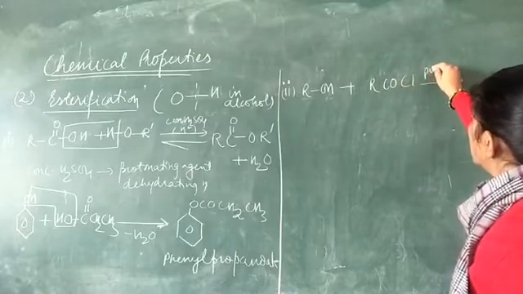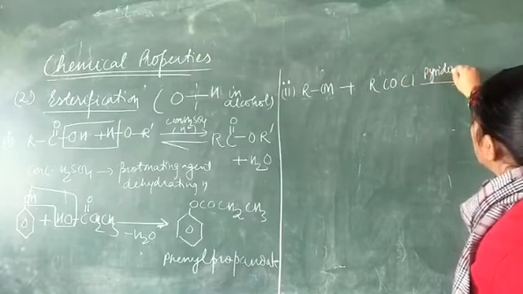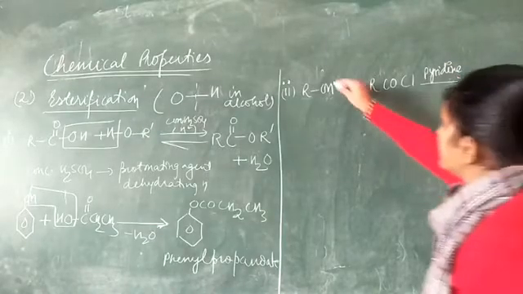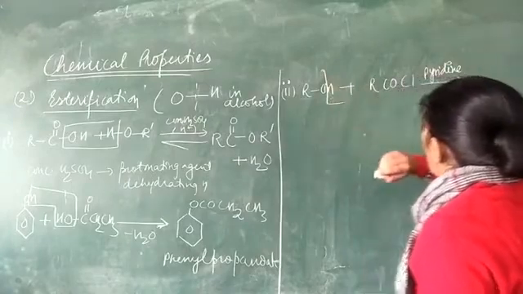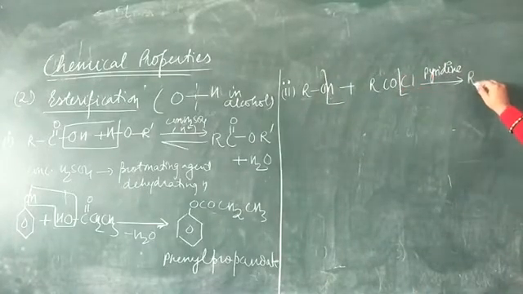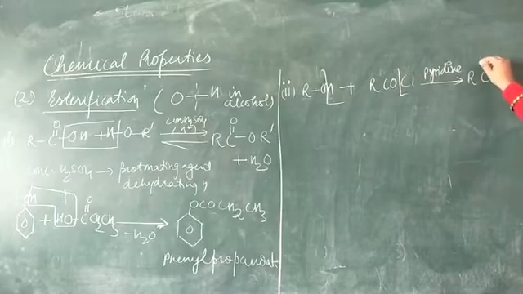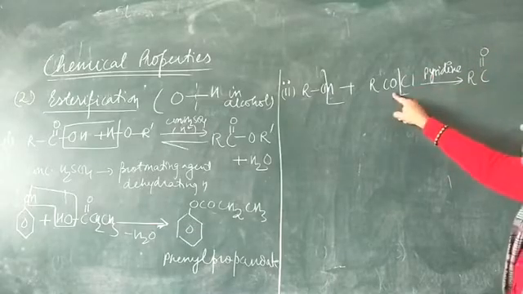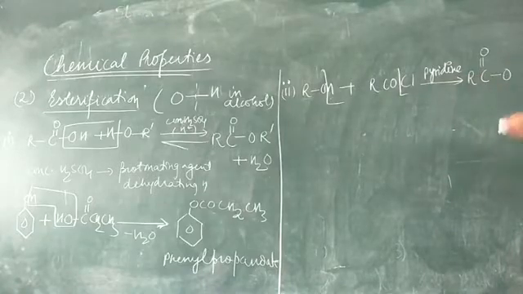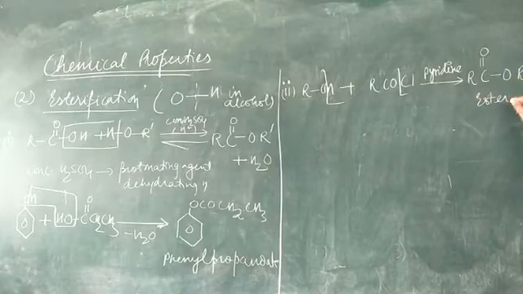And this reaction is in the presence of pyridine, right? So we'll get this bond broken down, that is O-H with this one. So what we will get? We'll get here R, this is CO, this part, right? And then again we are getting here O, and this is R. Again an ester will be formed.